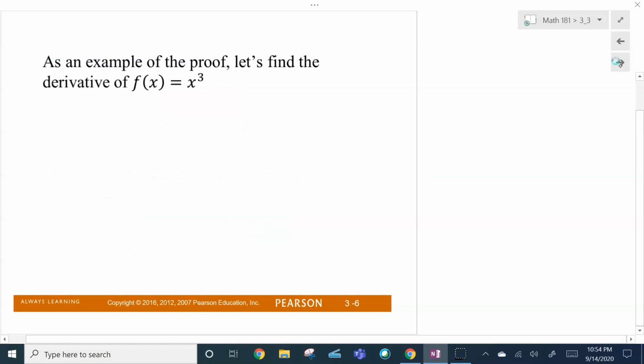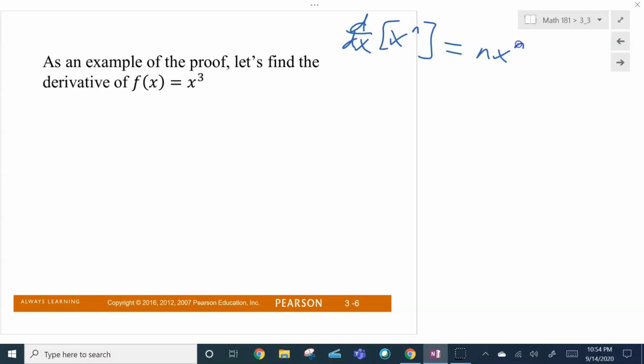Let me give you an example with f of x equals x cubed. Okay, so first of all, the rule is that the derivative of anything of the form x to the n, where n is a real number, is nx to the n minus 1.